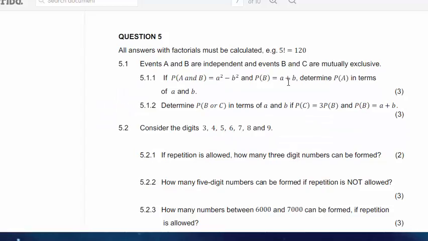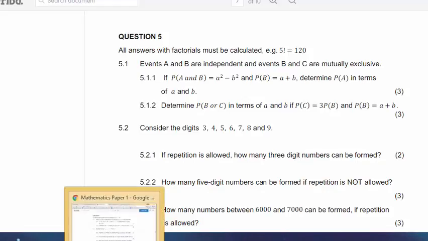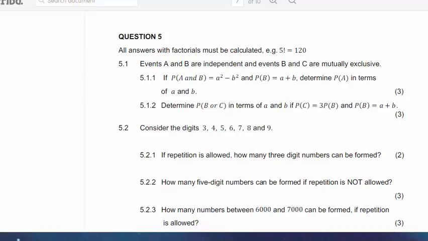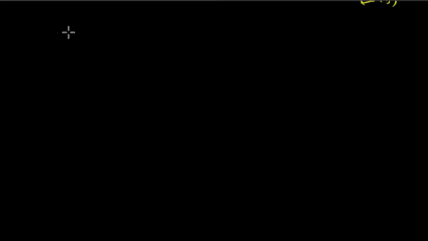Okay, that's the first part. Determine P(B or C) in terms of A and B, if P(C) is equal to 3P(B). Now that sounds so confusing, like as if you somehow have to do it in your head. Guys, you don't. Just write down the information. They're asking us to determine P(B or C). Now, what do we know?